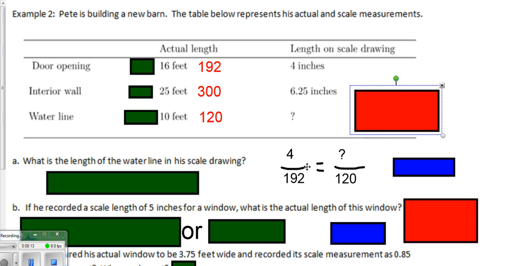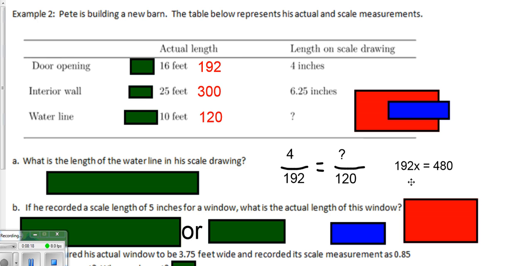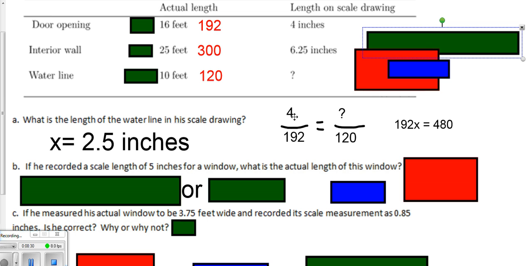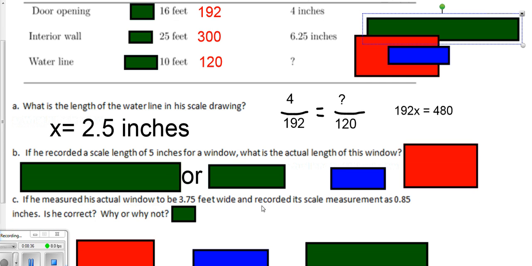Now that I have a proportion, I just cross multiply, and we would get 192x, or that unknown number, equals 480. Dividing both sides by 192, I would get x equals 2.5 inches. So on our scale drawing, that water line is going to be 2.5 inches.